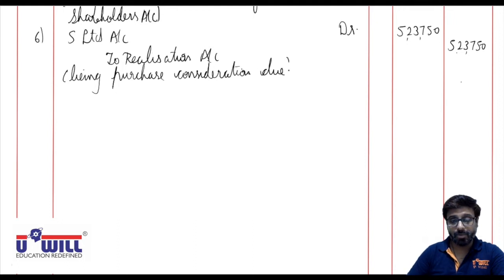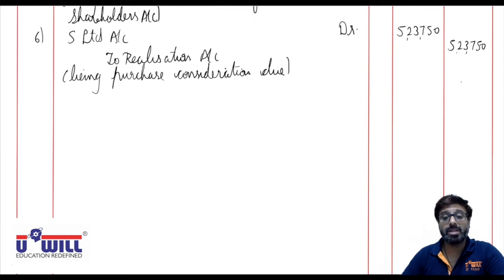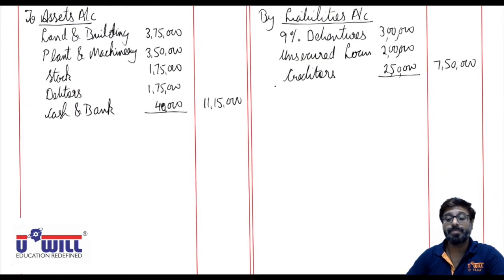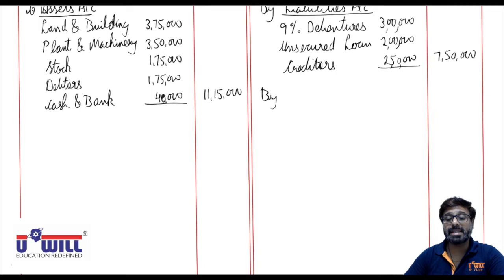Now, seventh entry onwards, basically all the entries have two effects. So to realization account means realization account we will write on credit side by S Limited account in bracket purchase consideration, also working note 3.